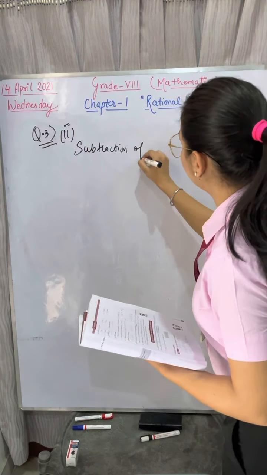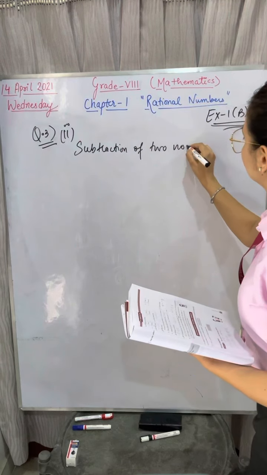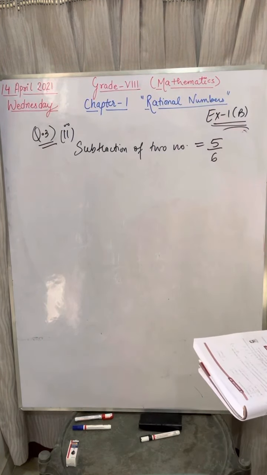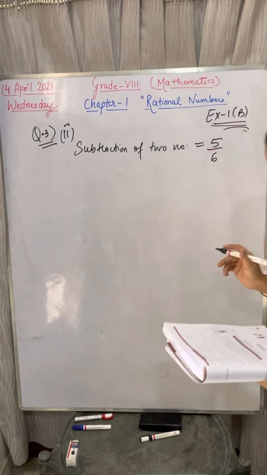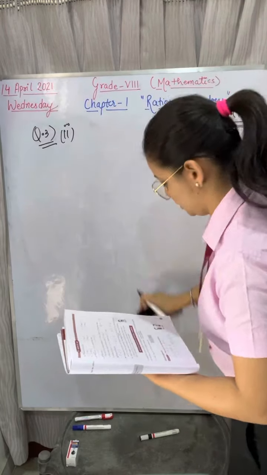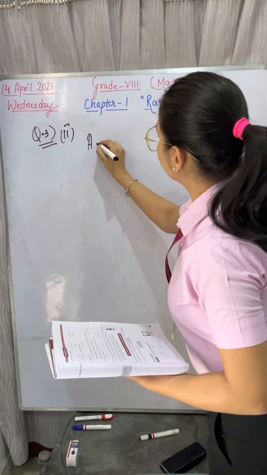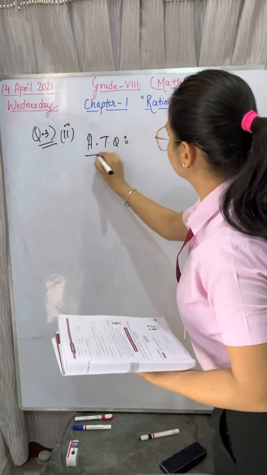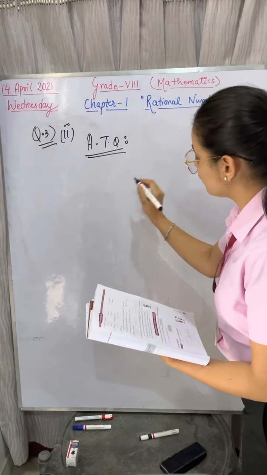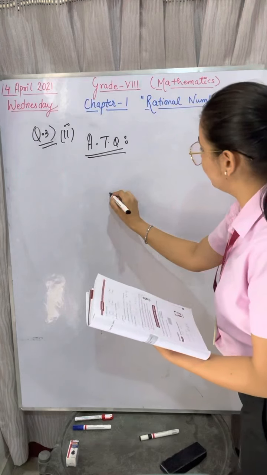Subtraction of two numbers is given. The number given is 5 upon 6. Or you can simply write according to the question. Now look here. What should be subtracted from minus 3 by 4?